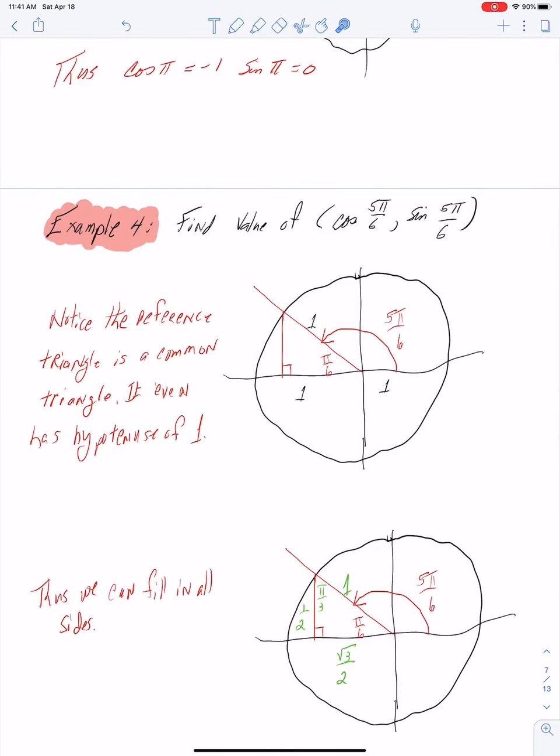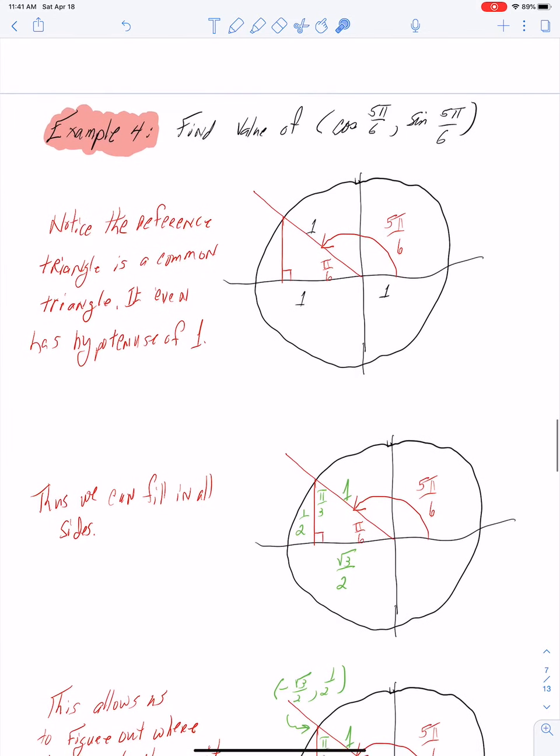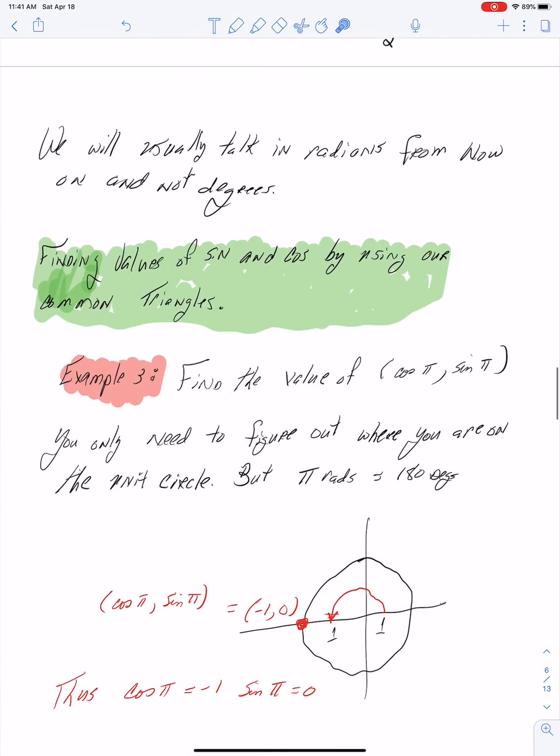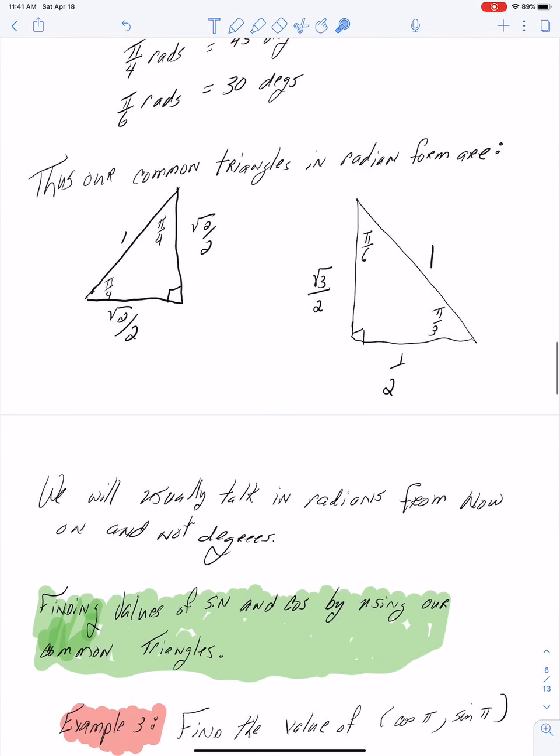And if I can figure out what these sides are of the right triangle, then I can figure out what the coordinates of that point is, by the way. This is called a reference triangle, and this is called the reference angle. Pi over 6 is the reference angle for our original angle, 5 pi over 6. All right, well, if this is pi over 6 and this is pi over 2, then guess what? It is one of my common angles.